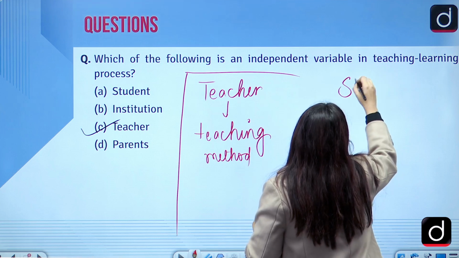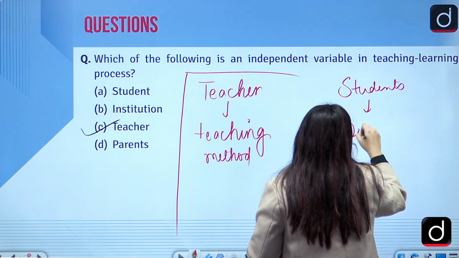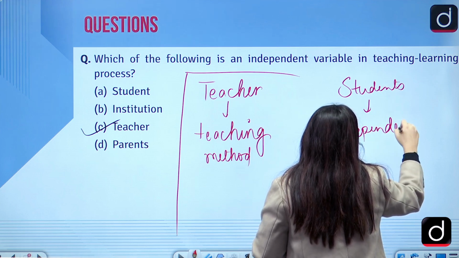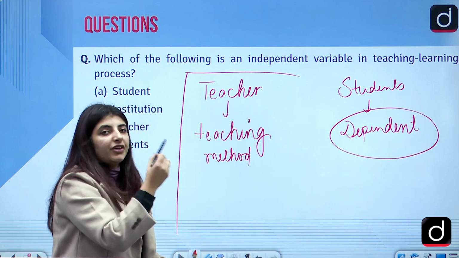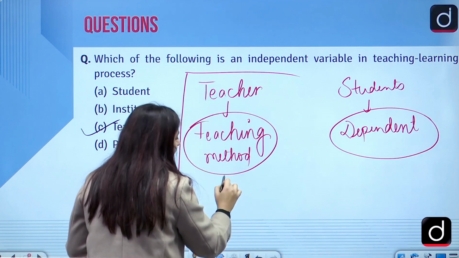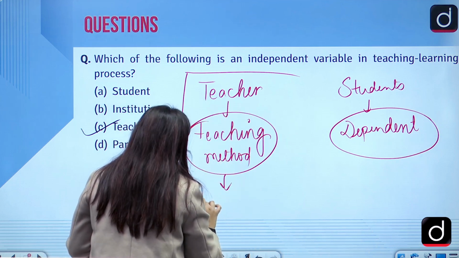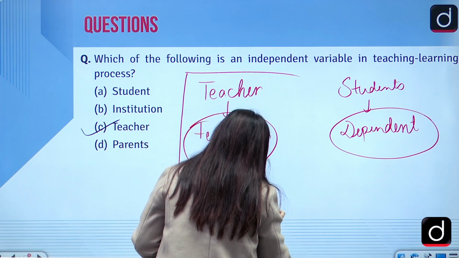She is observing the effect on the students, who are the dependent variables. Dependent on whom? Dependent on the teacher for the teaching purposes and on the teacher's teaching styles. So here the teacher is identified as the independent variable.